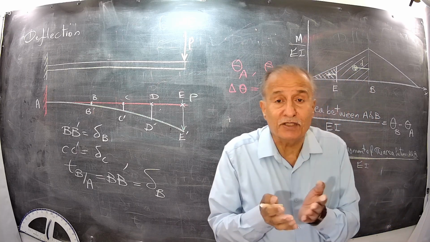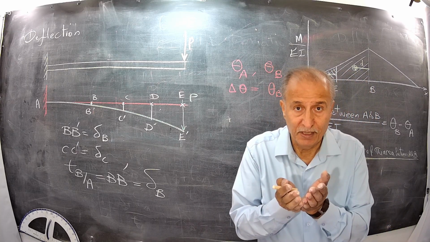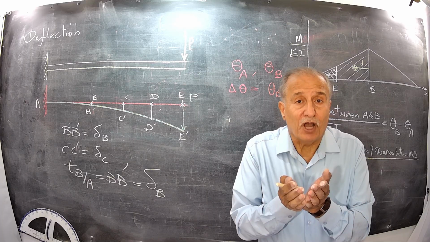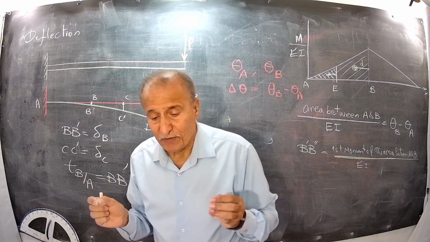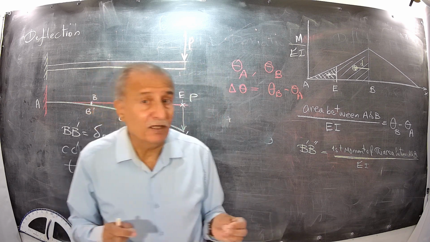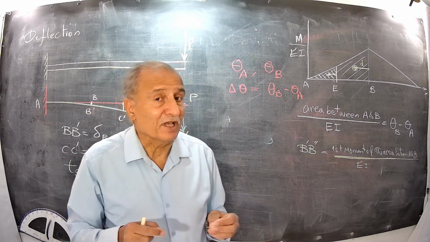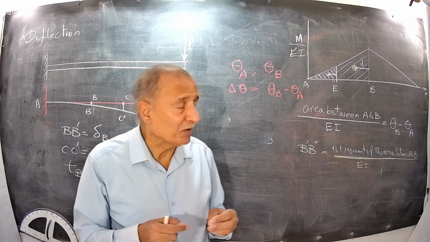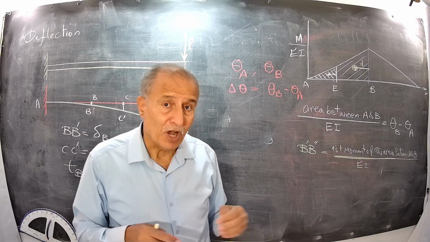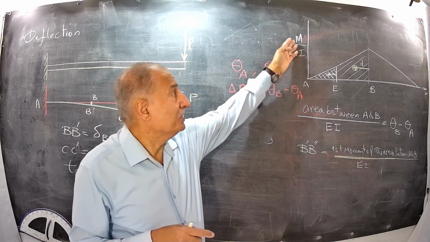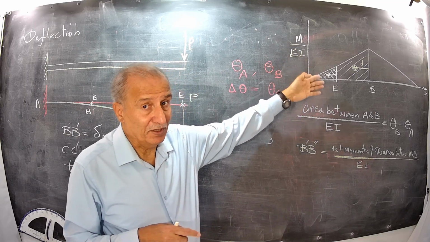Because EI is a very large number, M over EI becomes very small, and if you draw it in real scale, calculations are very difficult. This is why we don't change the shape of the diagram, but we only write the real values over it.